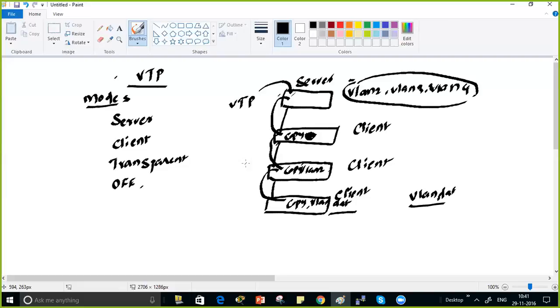But VLAN 5 information it doesn't send. Here I have configured VLAN 2, VLAN 3, VLAN 4, and VLAN 5, right? Here just 2, 3, and 4, and here 2, 3, 4, 5. But this VLAN 5 information it doesn't send, right?